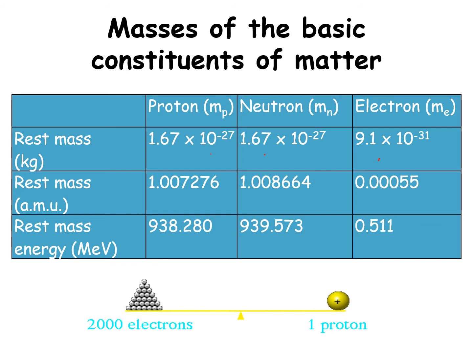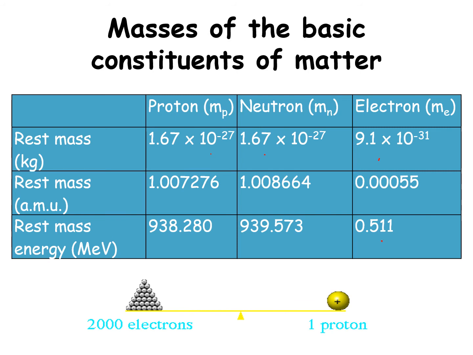And in the third row we have shown the rest mass energy in mega electron volt. Here also we can see that the rest mass energy of the proton and neutron is approximately the same, while in case of the electron it is quite less, that is 0.511 MeV.